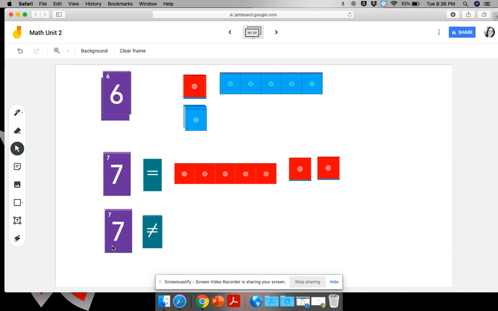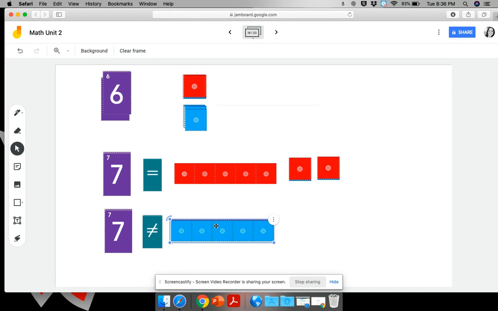All right, the next one I'm going to do is 7, say it with me, is not equal. So I'm going to pull another 5 group down. 5, 6, 7, 8. I want you to draw 8 squares or use your 5 group and 3 ones to show 8.